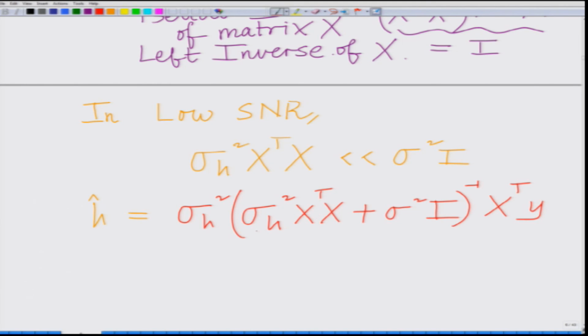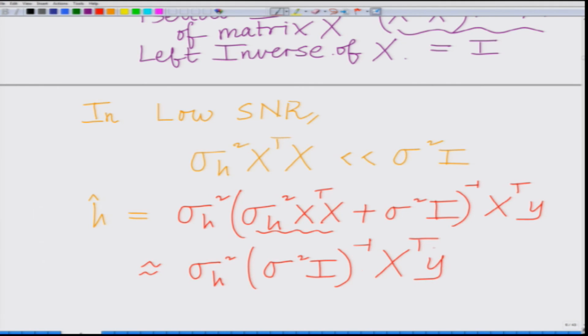We are saying this is much smaller compared to sigma square identity, therefore this can be approximated as sigma h square times sigma square identity inverse x transpose y bar.